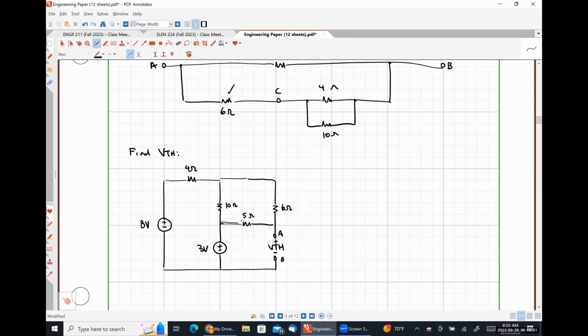So let's talk very briefly about why nodal would be easier in this case. How many nodes do we have in this circuit? 5 nodes. That sounds very daunting considering that there are only 2 meshes, right? That being said, if I were to choose my ground node to be on bottom, exactly right. So 3 of those 5 nodes now have a known voltage. The bottom one would be 0. The top left node would have a voltage of 8 volts.